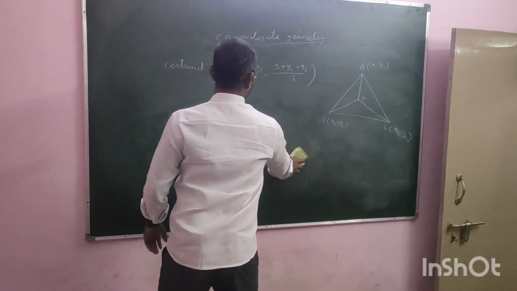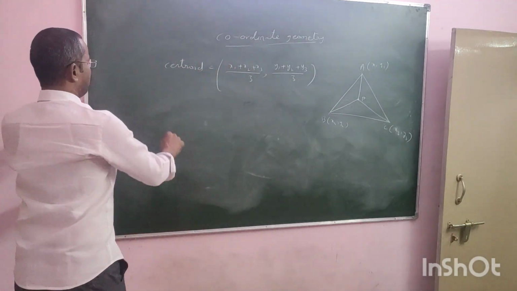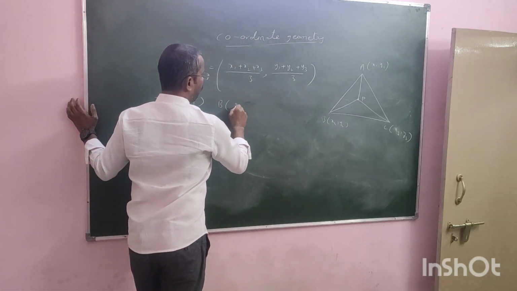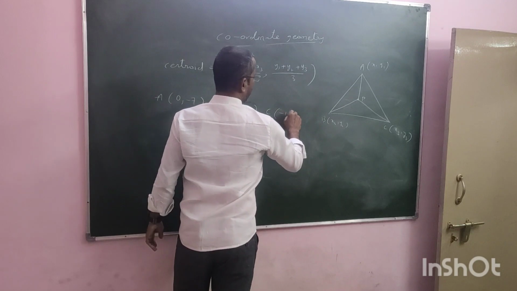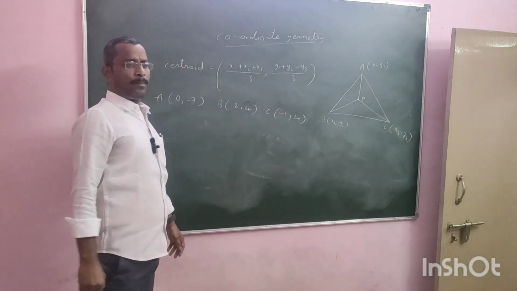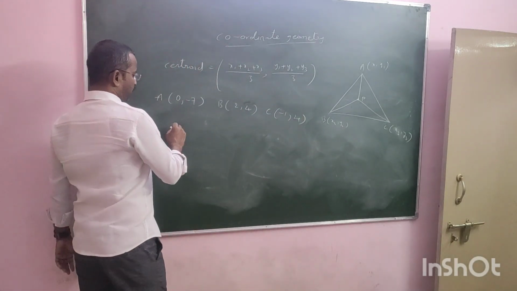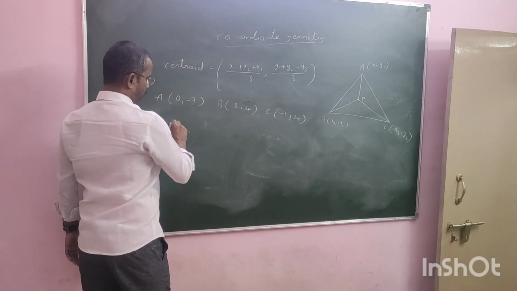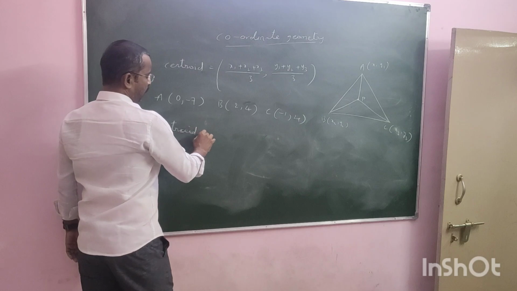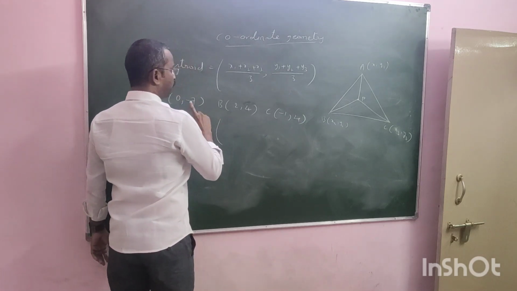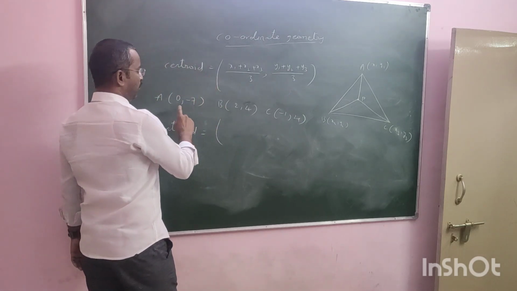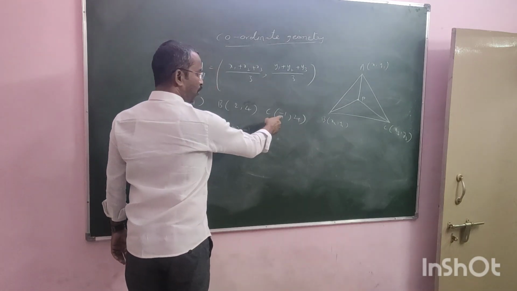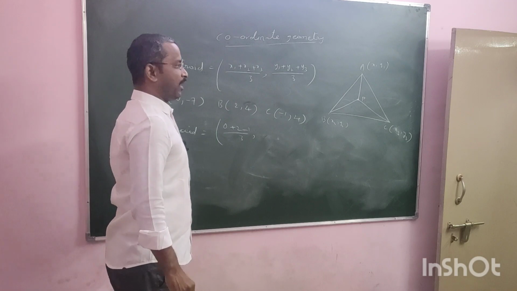Take one example and try. A of 0 comma minus 7, B of 2 comma 4, C of minus 1 comma 4. Now find the centroid of triangle ABC. Centroid is equal to x1 plus x2 plus x3 by 3. So 0 plus 2 minus 1 by 3, because a minus is already there.